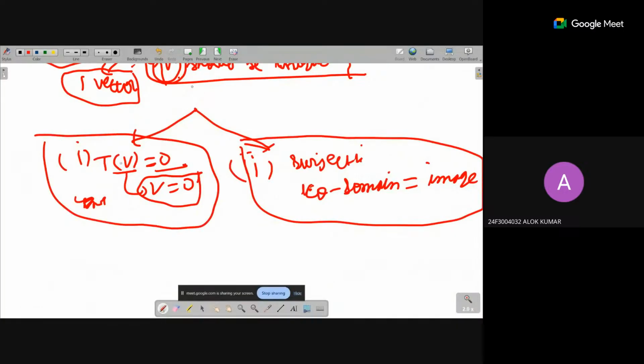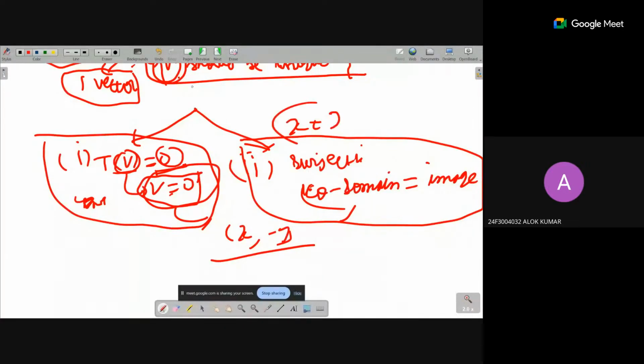The condition is: if you take the transformation of any vector and the result is 0, then this vector must be equal to 0. That is the condition for injective, and it fails here, because any pair x comma minus y will become 0. So the transformation is not injective. Same for the codomain: if you take x plus y, it spans all the codomain. So it is a surjective function.